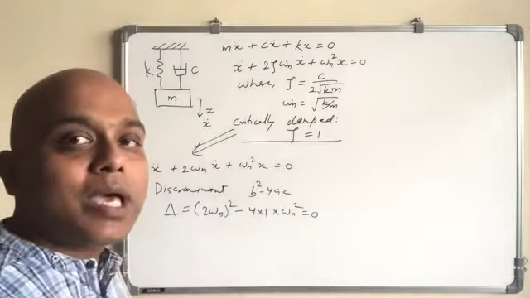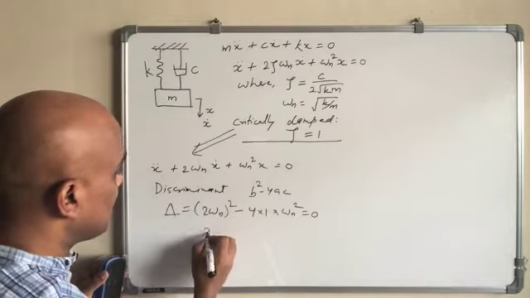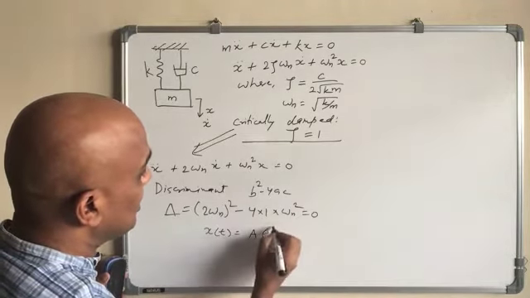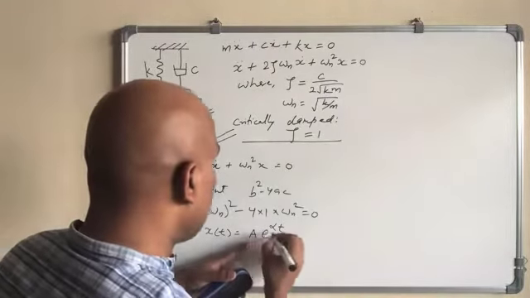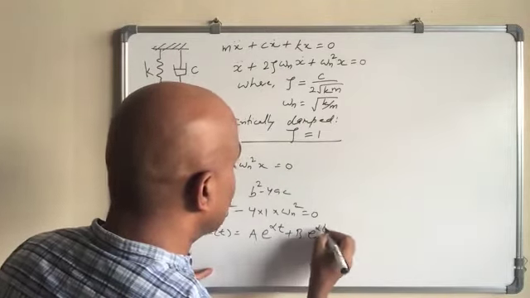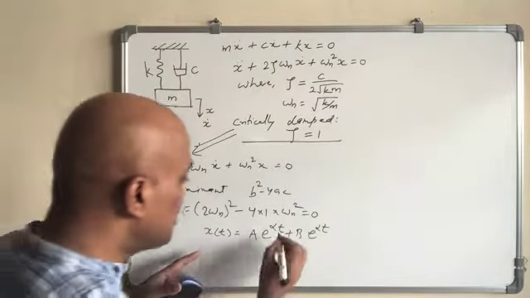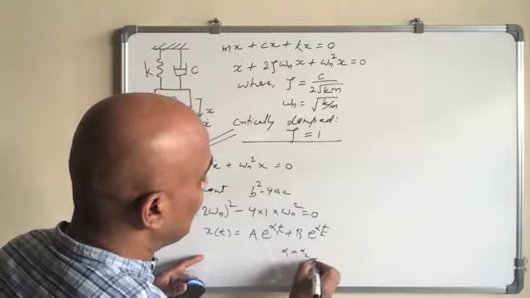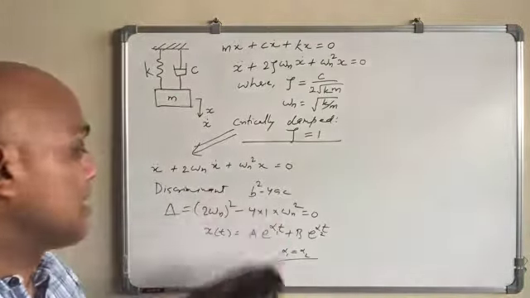Because of that, instead of assuming the solution will be something like x(t) equal to a e to the alpha t, or a e alpha t plus b e to the power alpha t, this kind of thing will fail here, because there is no alpha 1 and alpha 2. Here alpha 1 is equal to alpha 2, basically because of the discriminant being equal to 0.